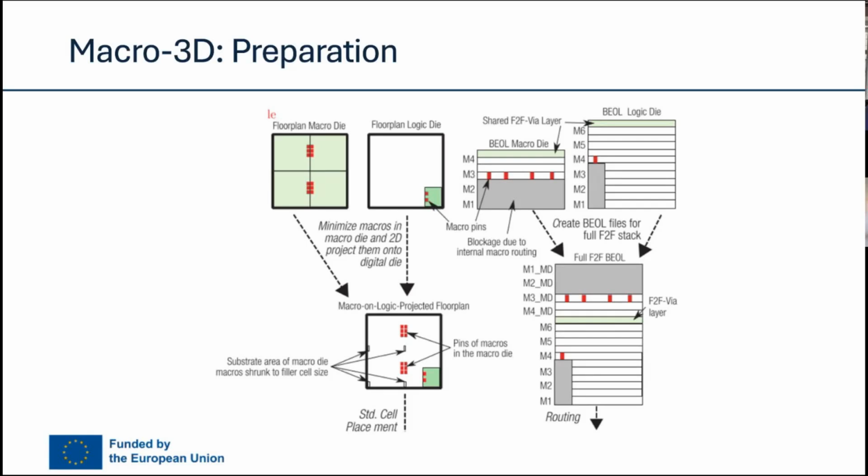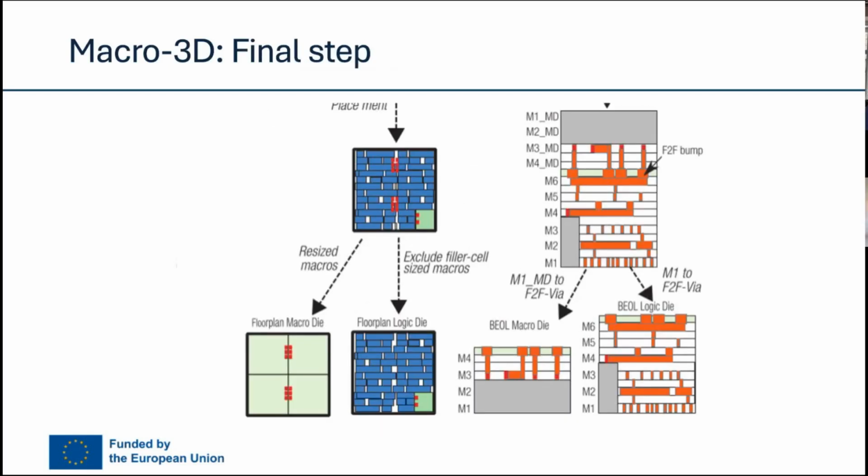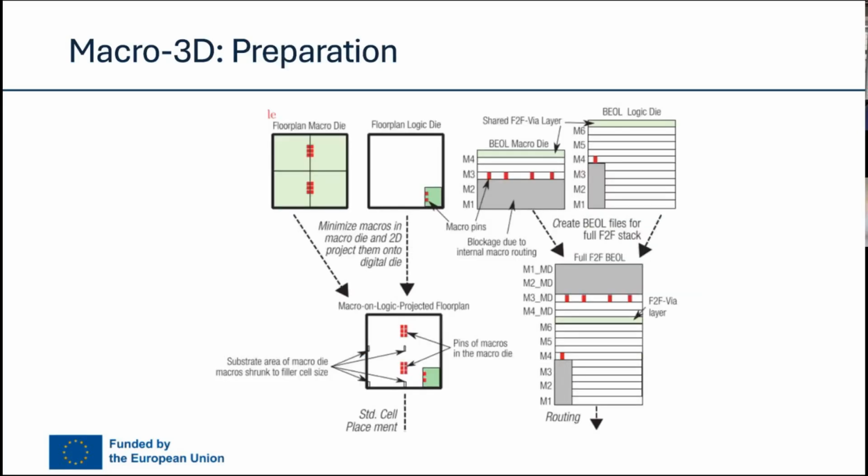This can be done, for example, by combining the LEF files of the two technologies, which allows the tool to simultaneously look at the complete stack. If we zoom in on the second part, you will see that when we are doing the routing, we can in fact combine metallization between these two tiers.